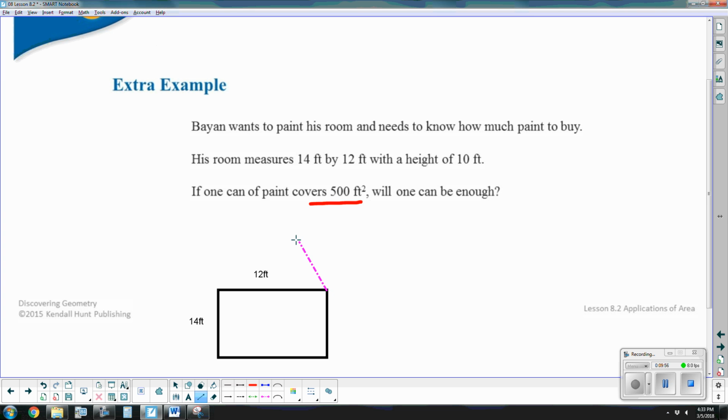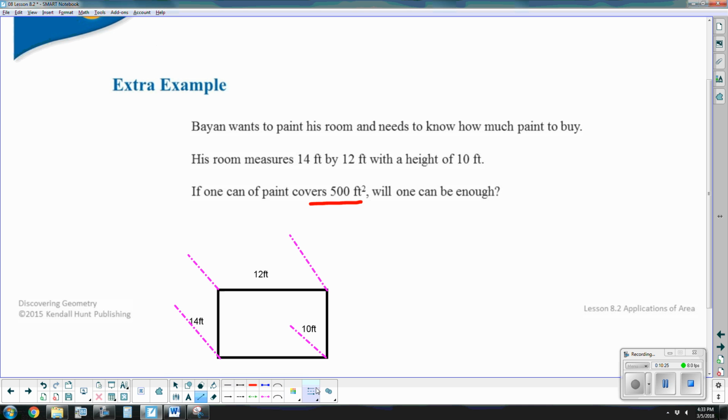So his room really looks three-dimensional. And his ceiling is 10 feet tall. So you want to know how many cans of paint he needs to buy in order to cover all of these spaces.